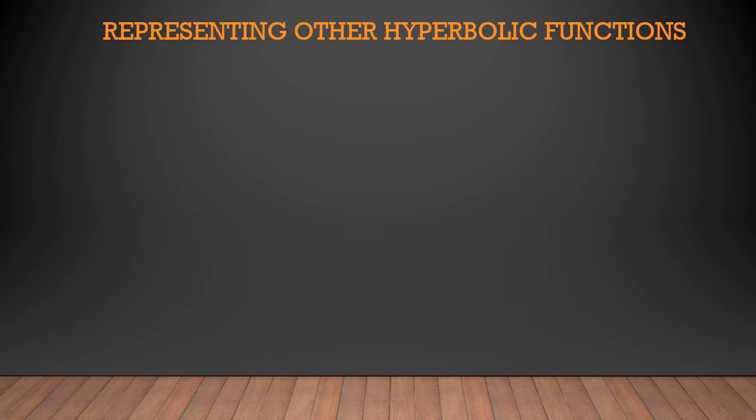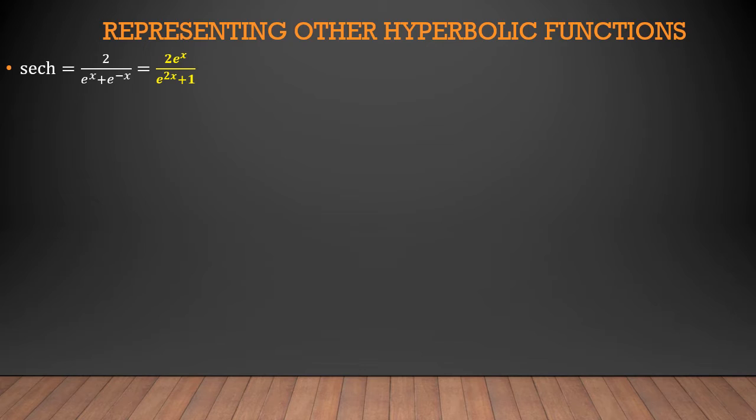Now we're going to see how to represent other hyperbolic functions, because we have just represented cosh and sinh. What if you're given tanh, cosech, and the others? Taking the sech, you know that sech is equal to 1 on cosh. That means we just reciprocate it, and it's going to give 2 on e to the x plus e to the negative x.